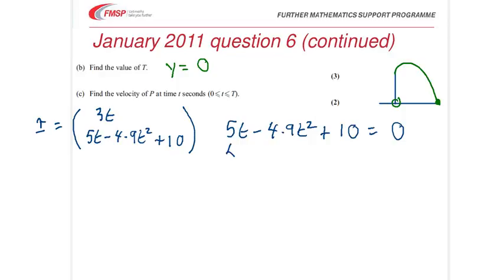So let's just rewrite it: 4.9t squared minus 5t minus 10 equals 0. Now you can use your calculator with the quadratic solving option if you've got one, or do it using the formula. When you solve that, you get t equals 2.03. And that's what they're calling capital T, 2.03.